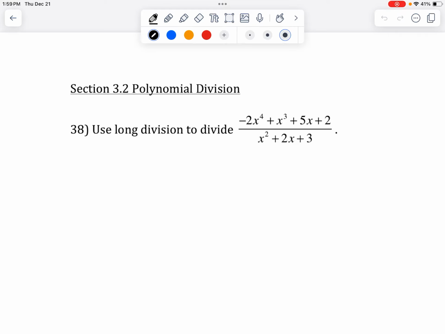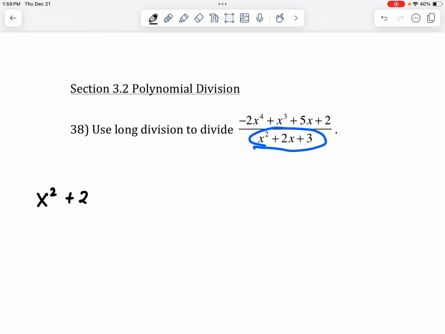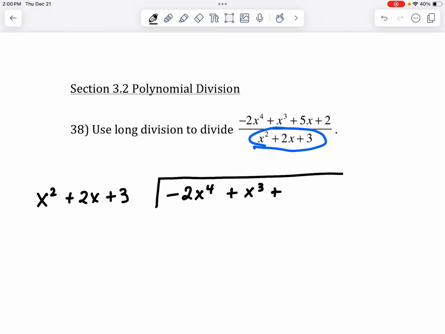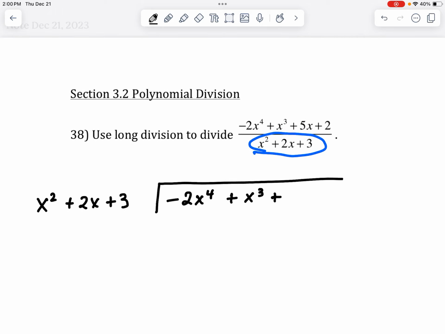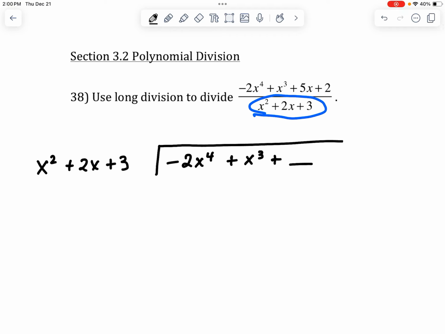First of all, the divisor, or the bottom one, goes on the outside, so x squared plus 2x plus 3 gets divided into the one that's being divided, or the dividend, which goes on the inside of the box: negative 2x to the fourth plus x cubed plus, notice that there's no x squared, so I'm just going to leave a little blank space where the x squared would go, and then plus 5x plus 2.